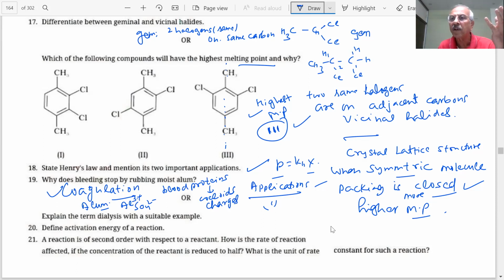Opposite ions will cancel, and the bleeding will stop. This is an example of coagulation. Coagulation is the important word here. Oppositely charged ions will react, coagulate, and then bleeding will stop. Okay. Explain the term dialysis with a suitable example.